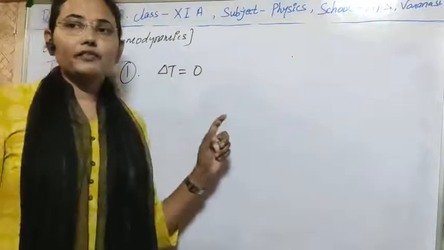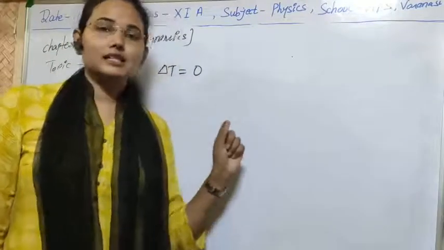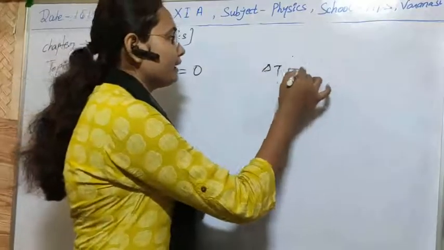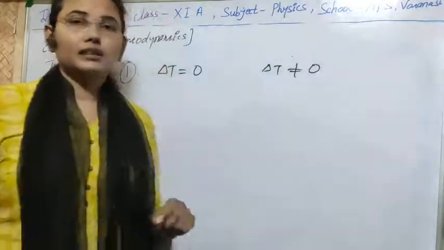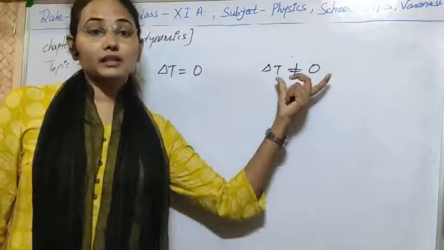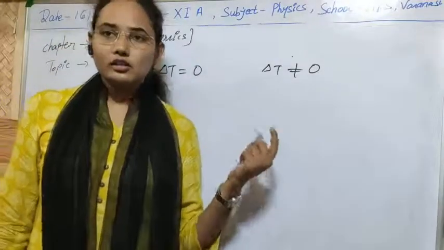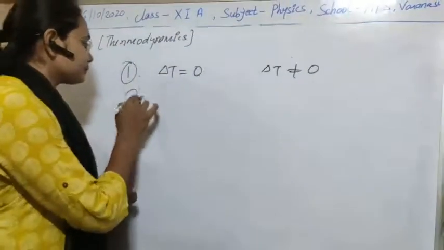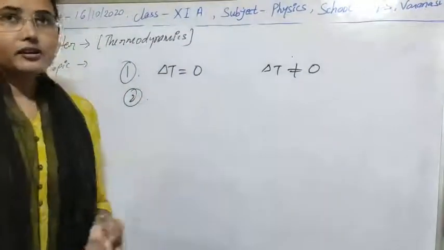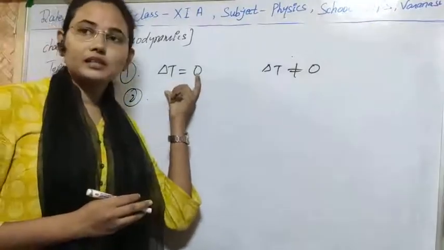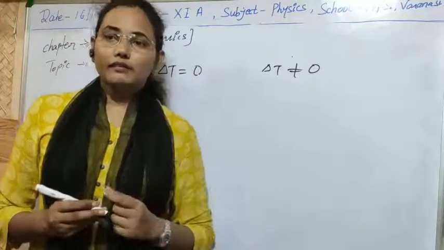But in the case of adiabatic, since there is change in temperature, the change in temperature will not be equal to 0. There will be some value for change in temperature in the case of adiabatic, because temperature is not the same in that case.